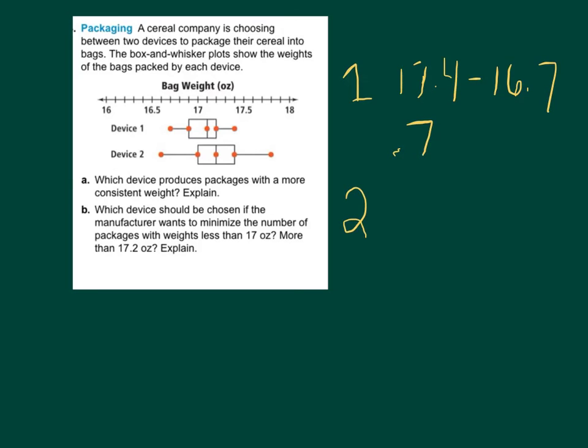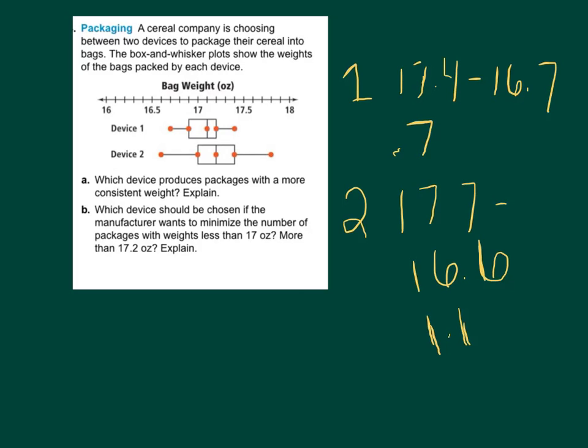Device 2 has a range of about 17.7 as high and low about 16.6. So its range is about 1.1 ounces. Okay, so if we wanted a more consistent device to package, we would pick device 1 because the range is smaller. There's not as many outliers or a greater difference in the size of the packaging.